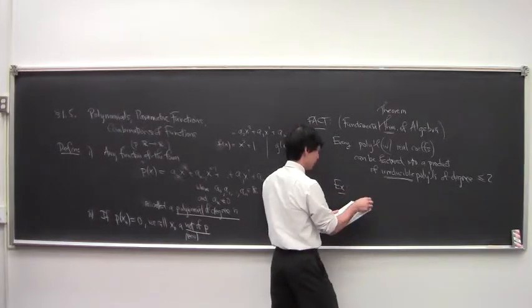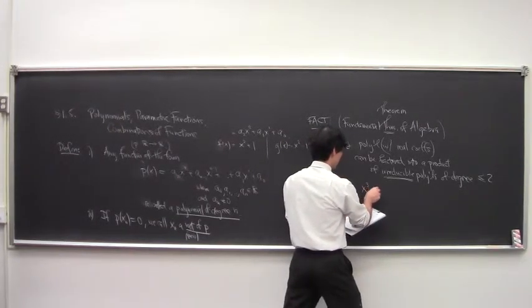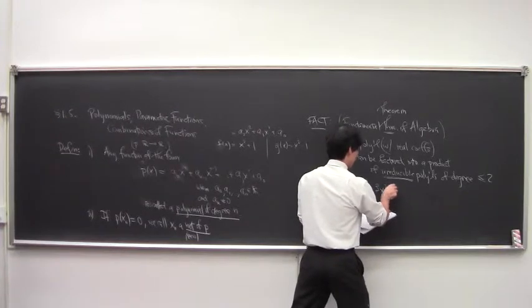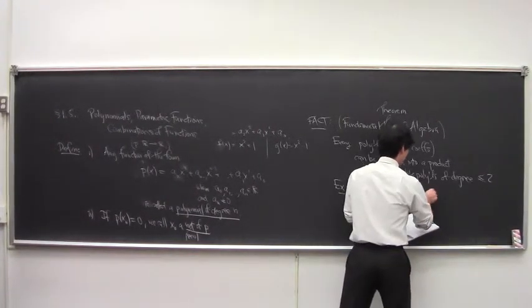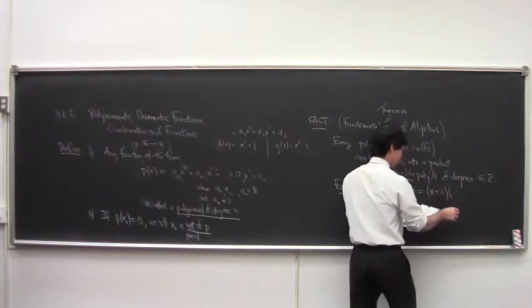Here's an example. x cubed plus 3x squared plus 7x plus 10 actually has negative 2 as a root, and factors like this.